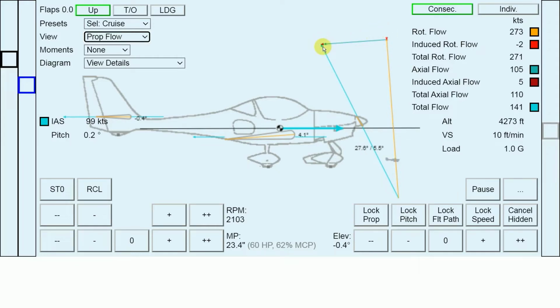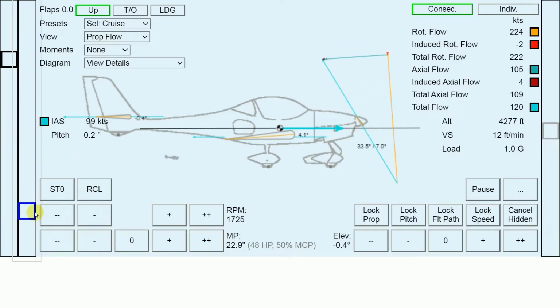But they are comparatively small because the propeller accelerates a large amount of air and therefore the acceleration of that air is rather small. If you add all these flows, then you get the total airflow at the propeller blade. All flows are computed in real time and all changes are visualized accordingly.